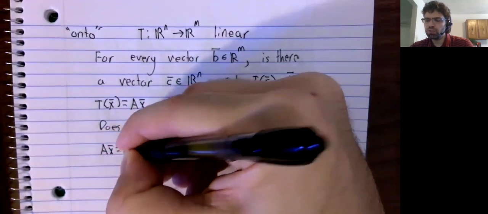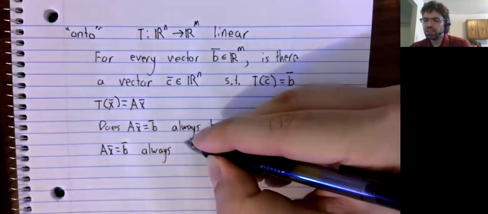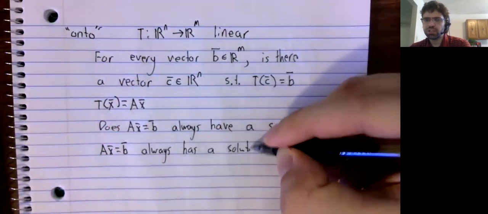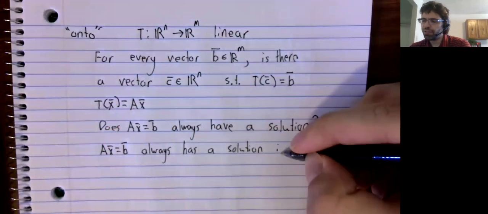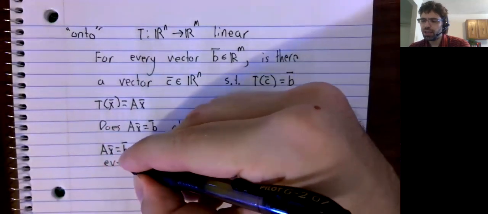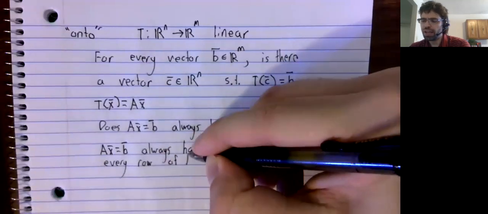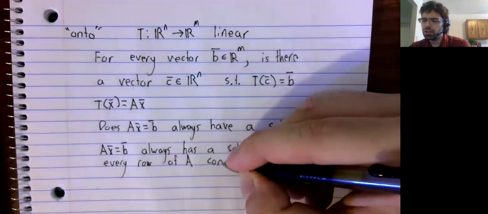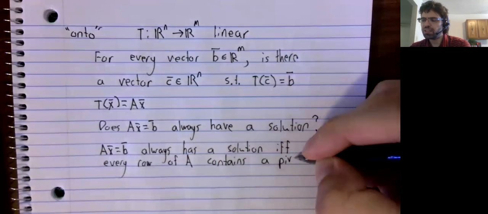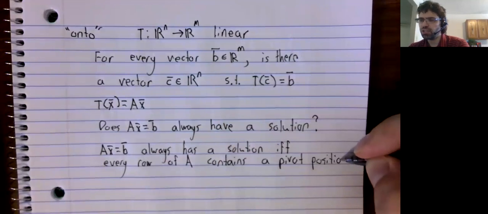AX equals B always has a solution if and only if every row of A contains a pivot position.